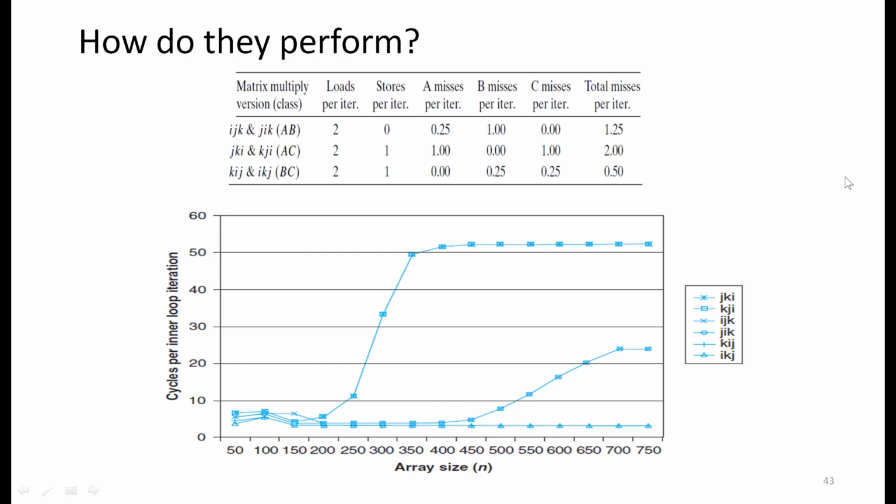So just by rearranging the loops, we have an order of magnitude improvement in the program performance, and this is primarily driven by the improved accesses to the cache.